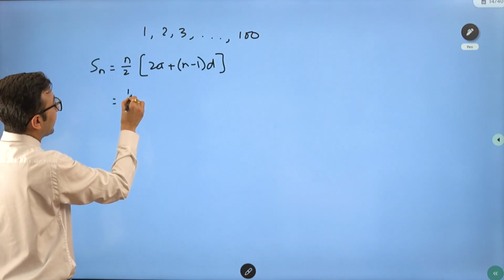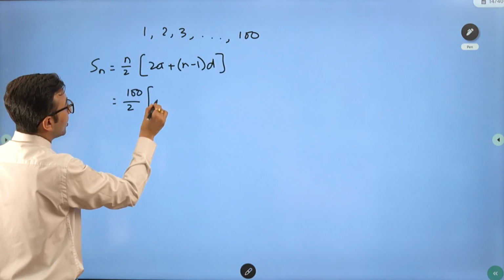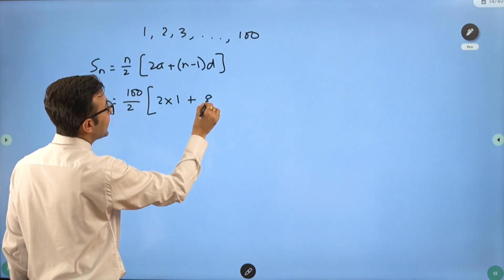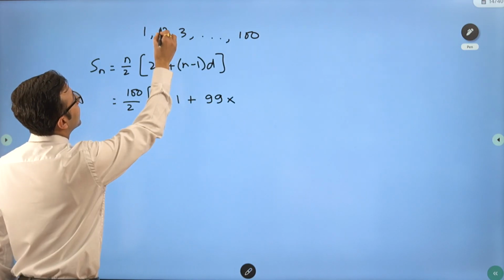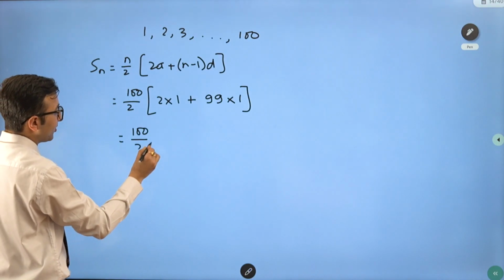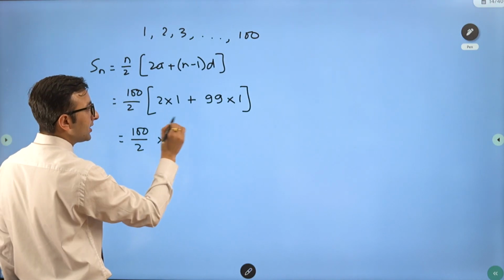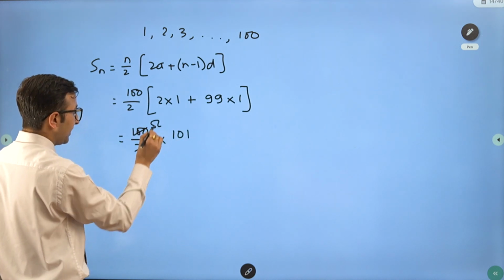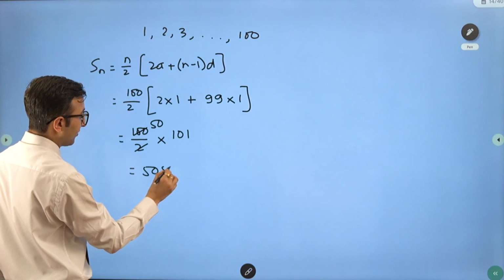In place of n, you can put 100 divided by 2, into 2 times the first term, which is 1, plus n minus 1, which means 99 d, and in place of d, the common difference is also 1. So it will be 100 divided by 2 multiplied by 2 ones are 2, plus 99, so we will have 101. Half of 100 gives us 50, so it will be 5050.